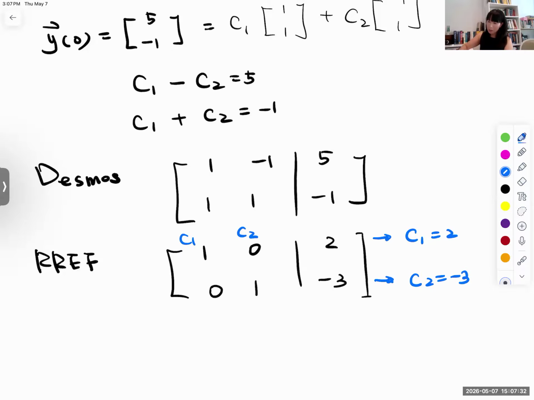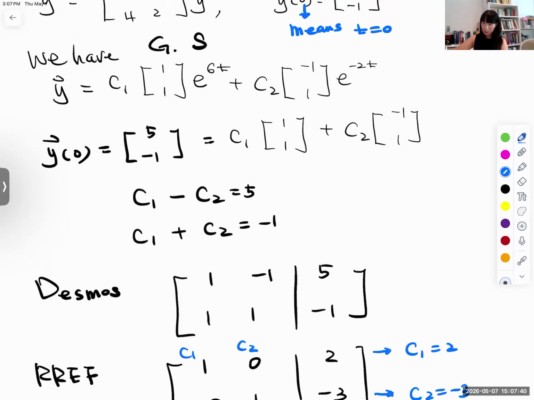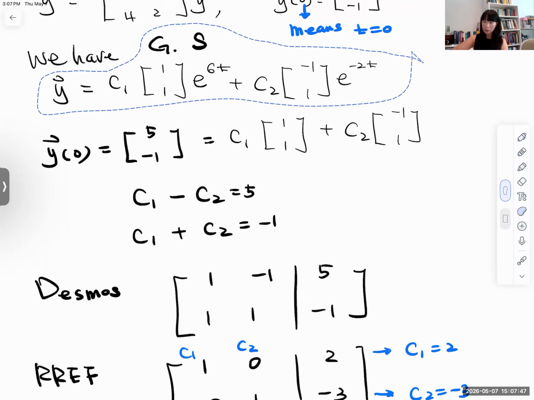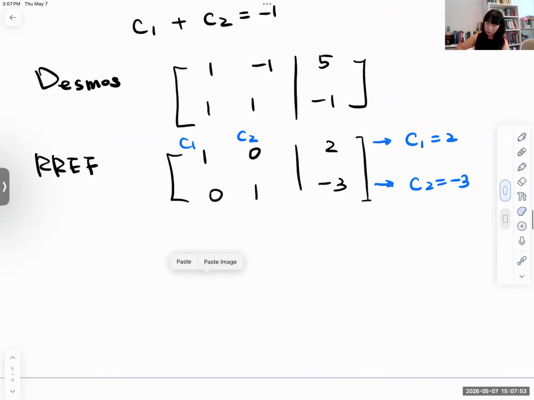Okay, then from the general solution, we can substitute what c sub 1 and c sub 2 are, right? Copy.